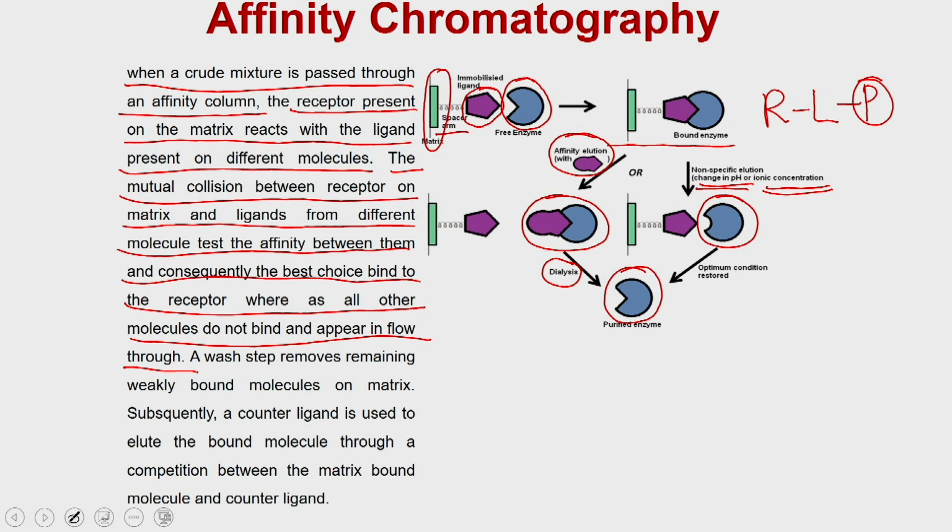All other enzymes are not going to have the affinity, that is why they will go into the flow through. Then you do a mild wash step, which will remove the weakly bound molecules on the matrix, and then you add a counter ligand which is going to elute the bound molecule through a competition between the matrix and the counter ligand.